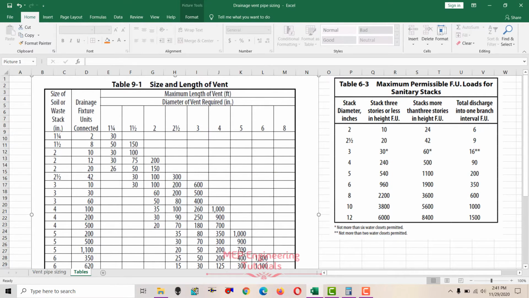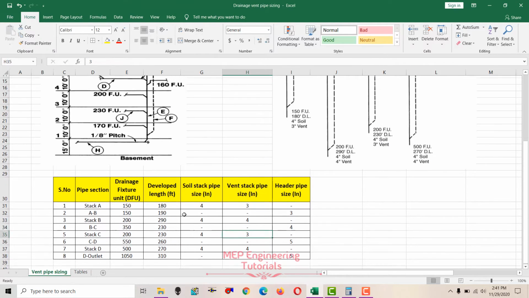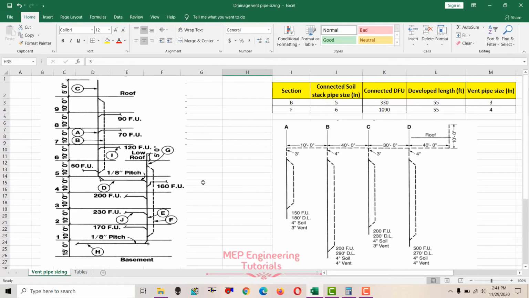So you will go for the higher value 700 and check the vent header pipe size is 5 inches. You can see that this is the 5 inches. So this is how you can do the drainage vent pipe sizing, if you have individual vents, or you have vents that are connected to a common vent header.